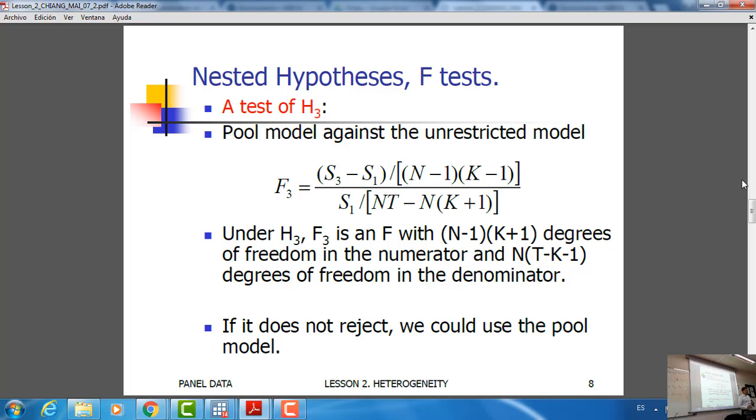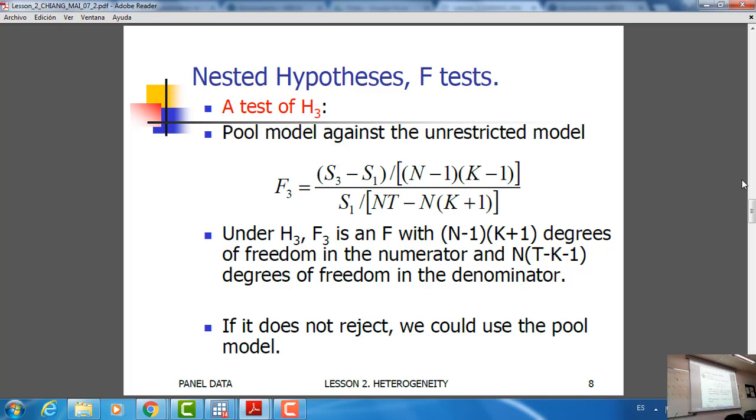So let's look at the unrestricted model. The unrestricted model has n times t degrees of freedom in terms of number of observations. So this is the number of individuals times the number of time intervals, n times t. Now, this here is the number of individuals times k plus 1.